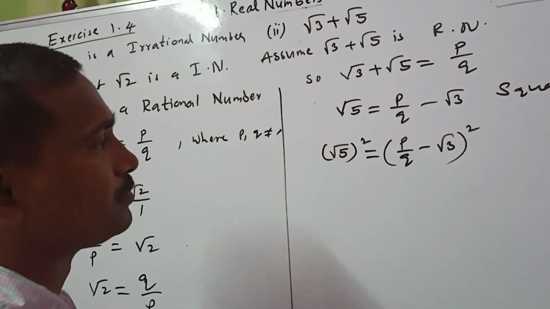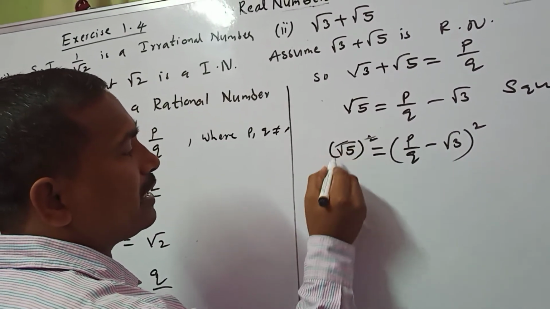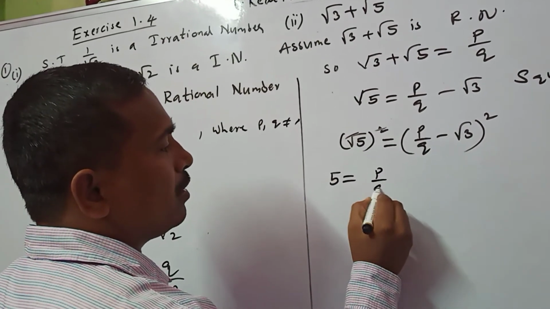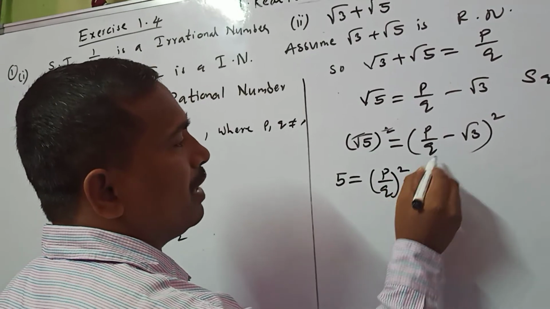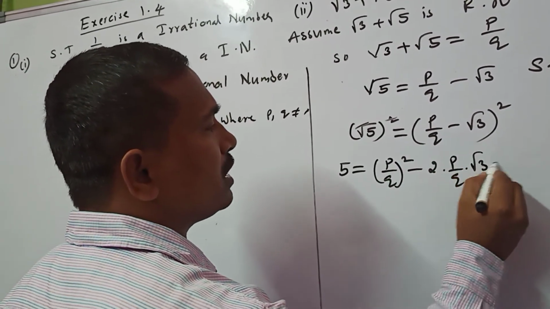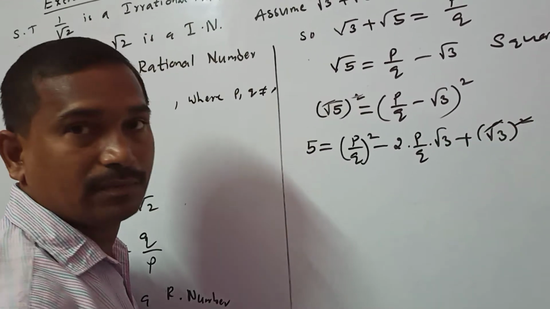This is in the form of (a minus b) whole square. Here root and square get cancelled. 5 equal to a square, (p by q) whole square, minus 2ab, 2 into p by q into root 3, plus b square, root 3 whole square, square root cancel.